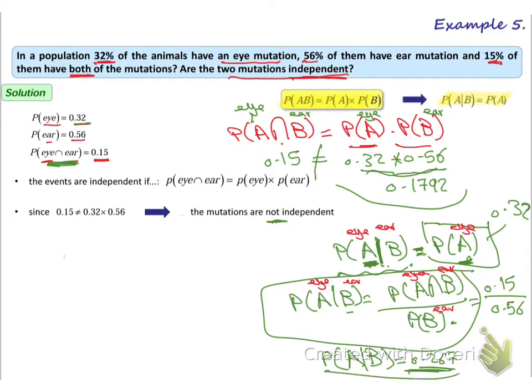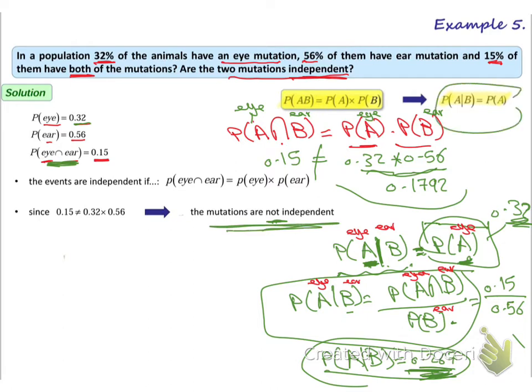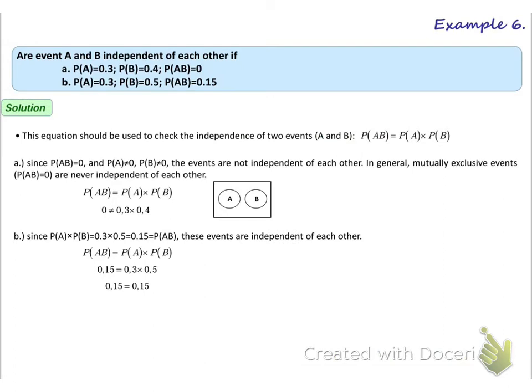The probability of A given B is not equal to the probability of A, because this one is 0.32 and this one is 0.27. So they are not equal. So they are not independent also, okay? Either this way or this way, both of them work. This example is a straightforward example.